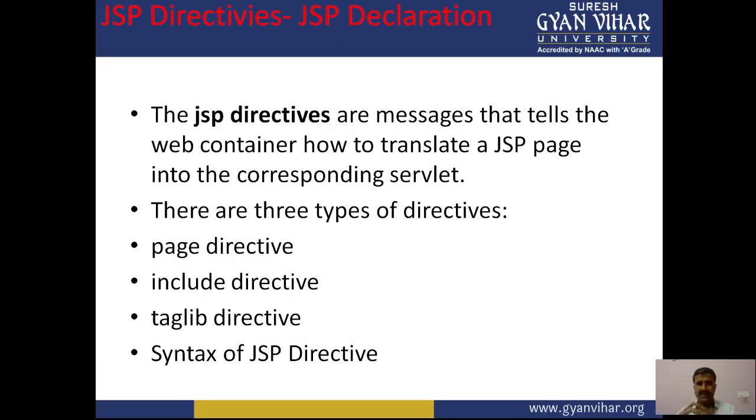This is the way that you inform the container to translate the JSP page into the servlet, because we have already discussed in different scenarios how a JSP page is converted in the life cycle of JSP. We have discussed that first of all JSP pages are converted into a servlet Java class, and then after that it can be executed with loading of the class file and all, right.